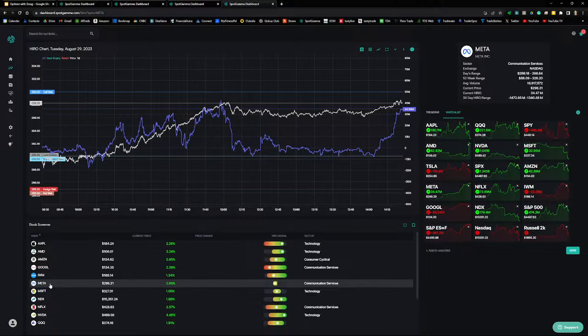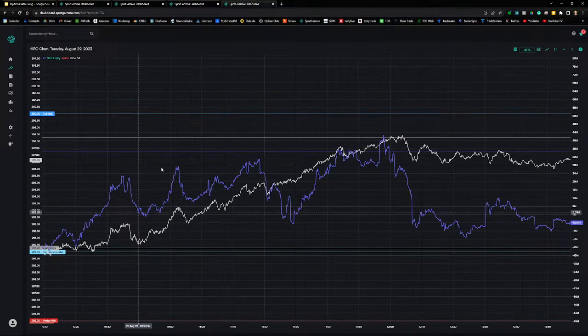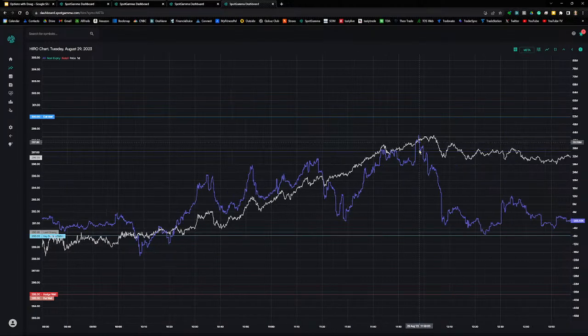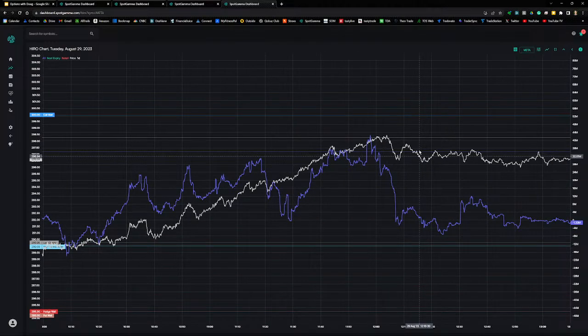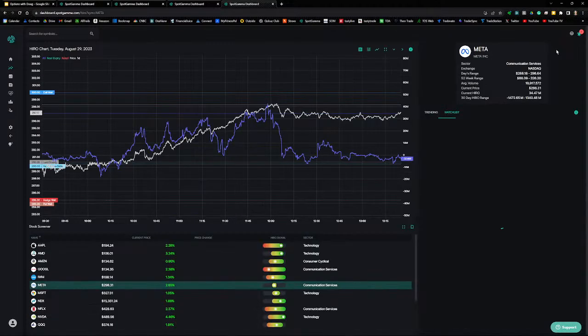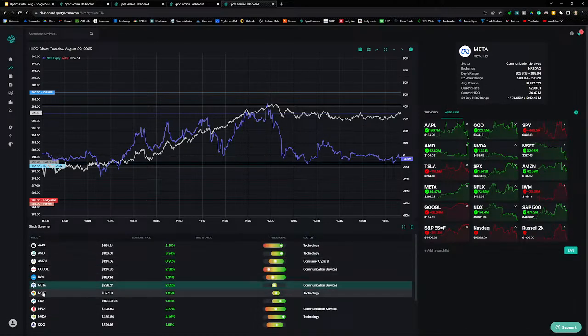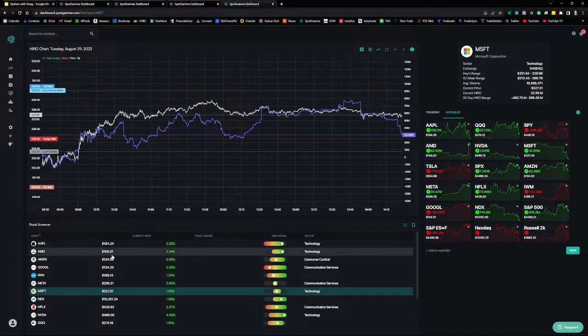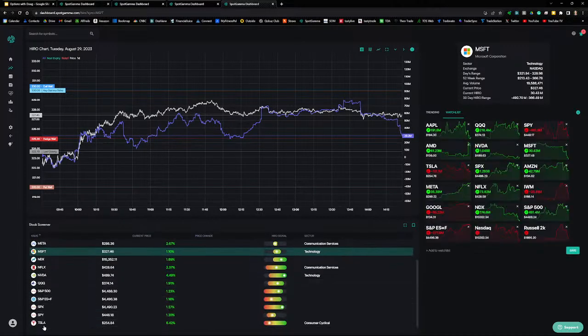Not as clear for Meta here, but still bullish hedging flow, bullish order flow. Microsoft, also bullish, but not as clear as NVIDIA. Let's take a look at Tesla.